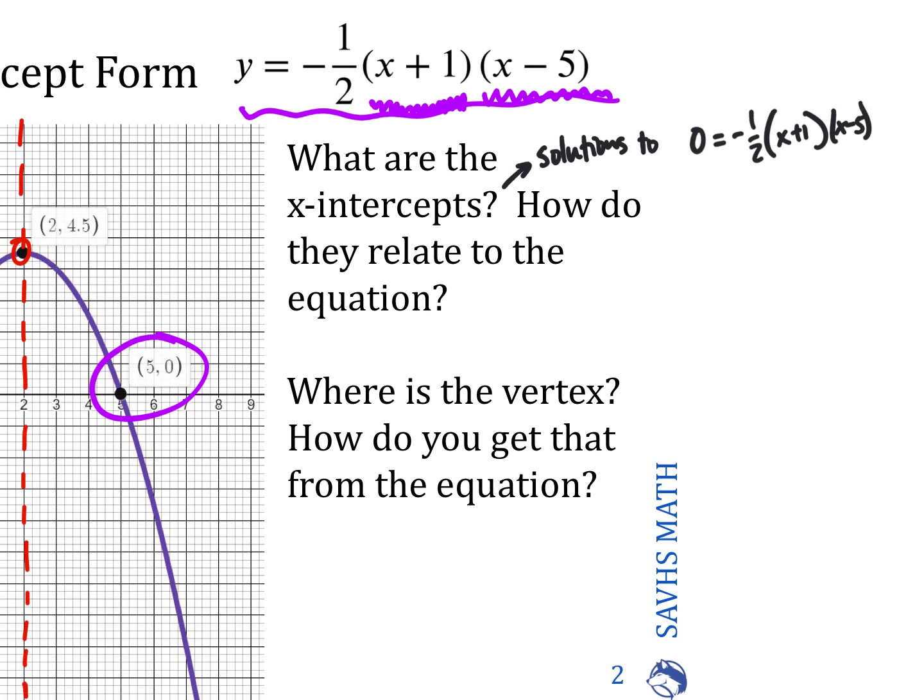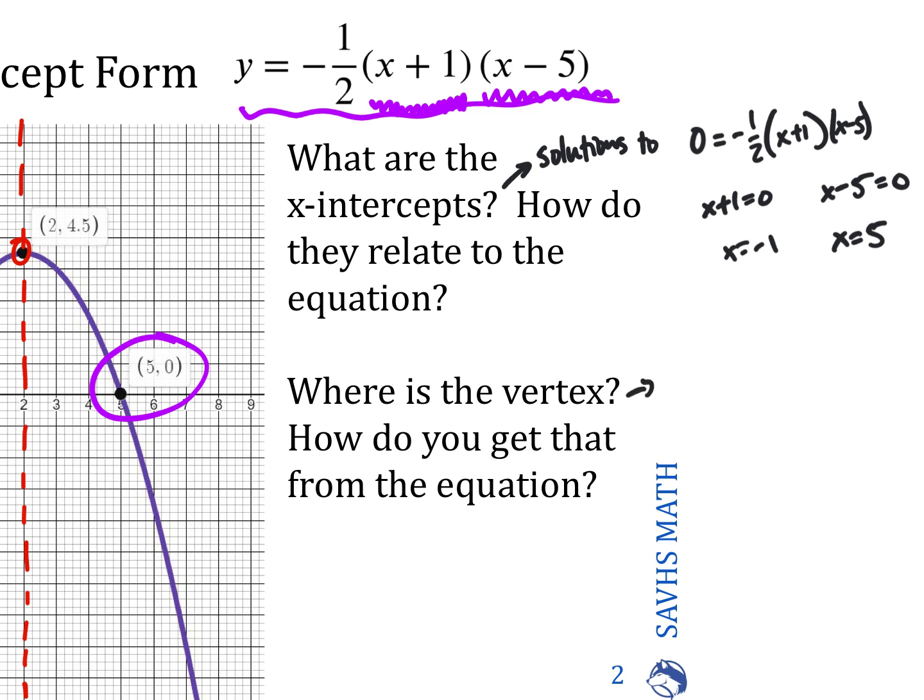We did problems like this yesterday in class, where I just have to use the zero product property. So it would be x plus 1 equals 0 and x minus 5 equals 0, and we'd get that x equals negative 1 and x equals 5. That's what I mean when I say the factors here are showing us what those x-intercepts are.